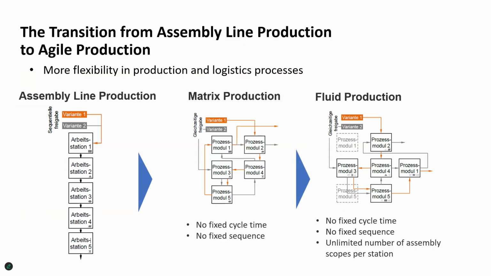And it's with this in mind that industry has increasingly transitioned from the assembly line production method that we looked at back there, with its rigidity and constraints, to methods such as the matrix production model, which eliminates the fixed time cycle and sequence of processes, or fluid production models, which also allow for an unlimited number of assembly scopes per station.